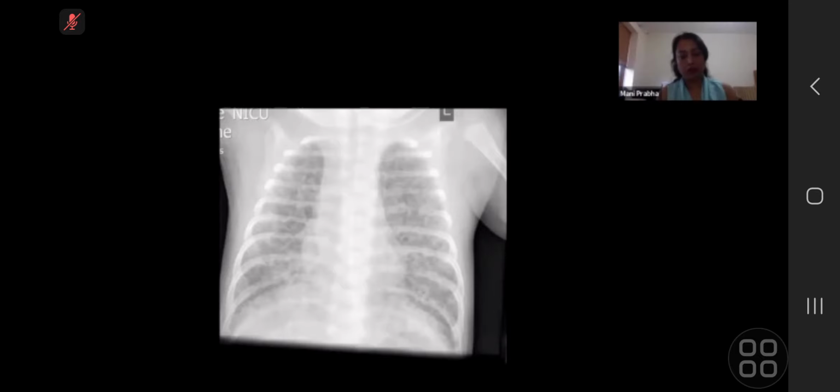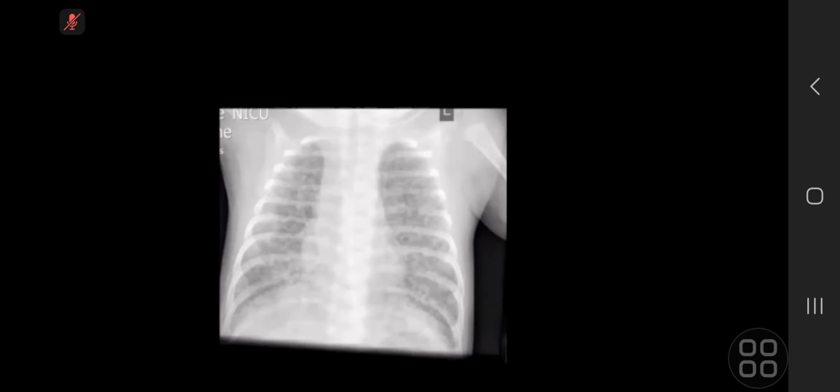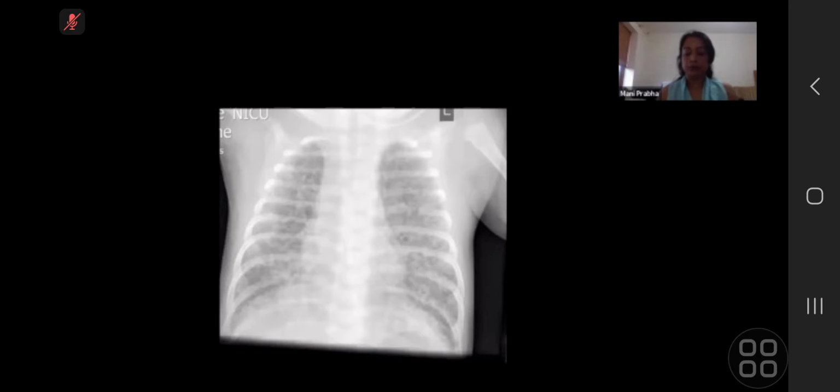Patient is being ventilated at the moment. Okay. So I think there's reticular interstitial opacification with intervening lucencies, and I think this might represent bronchopulmonary dysplasia.